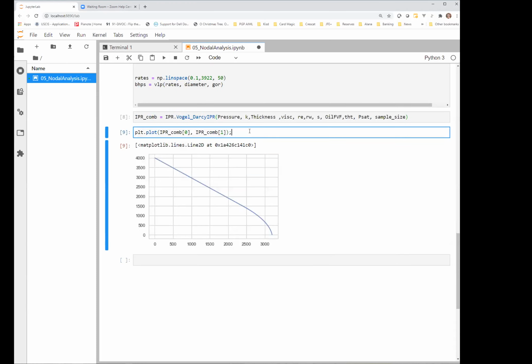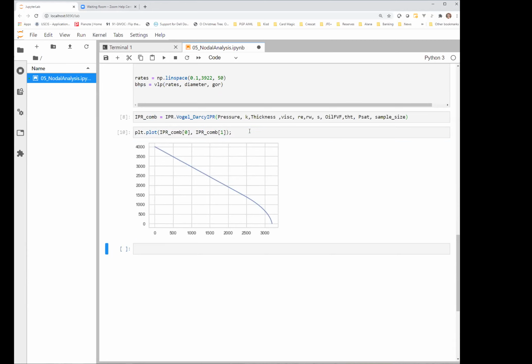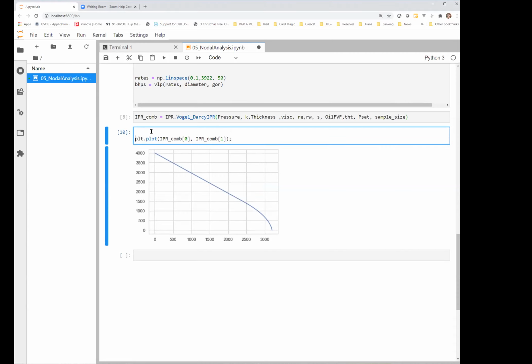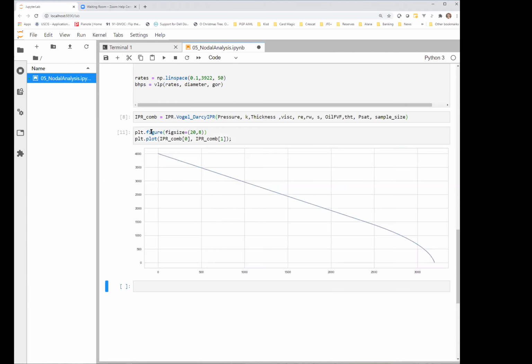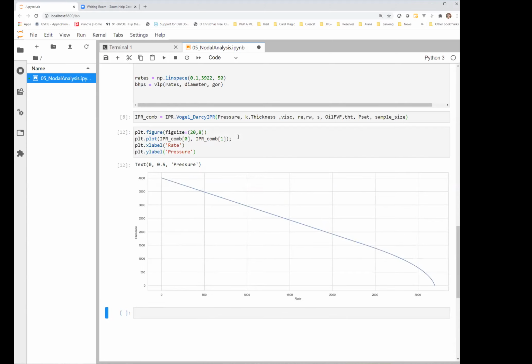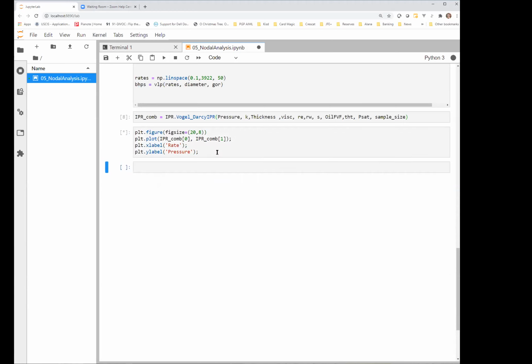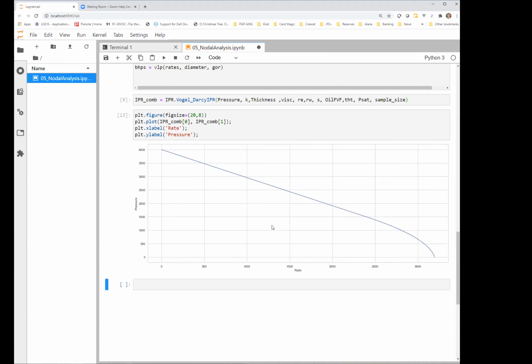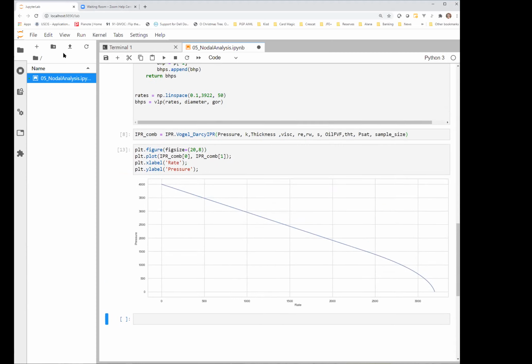If we do a semicolon, I just avoid the output. That's fine. So we have the IPR. Let me make this nicer, put this bigger right here for all of us, and make some labels. Nice. All right, nothing else, no rocket science. It's very simple.